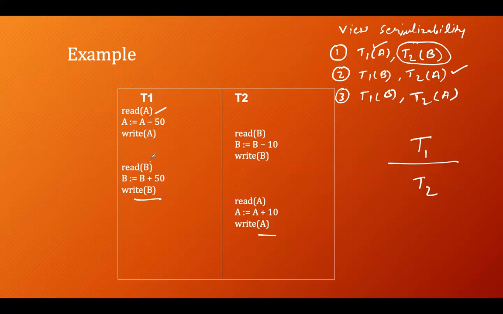T1 is reading the updated data on B, but if we make T1 run as a whole, all these operations will be performed first. So B will read the fresh data, not the updated data. So this is violated.